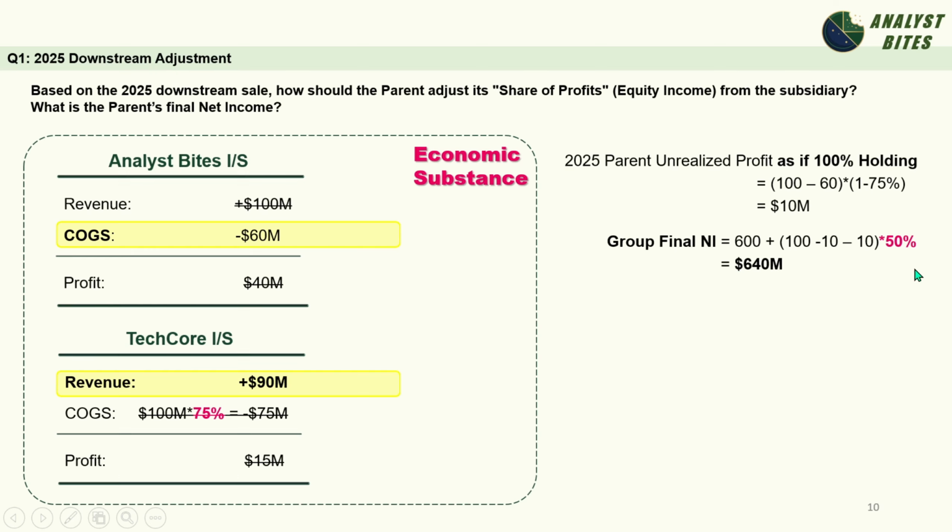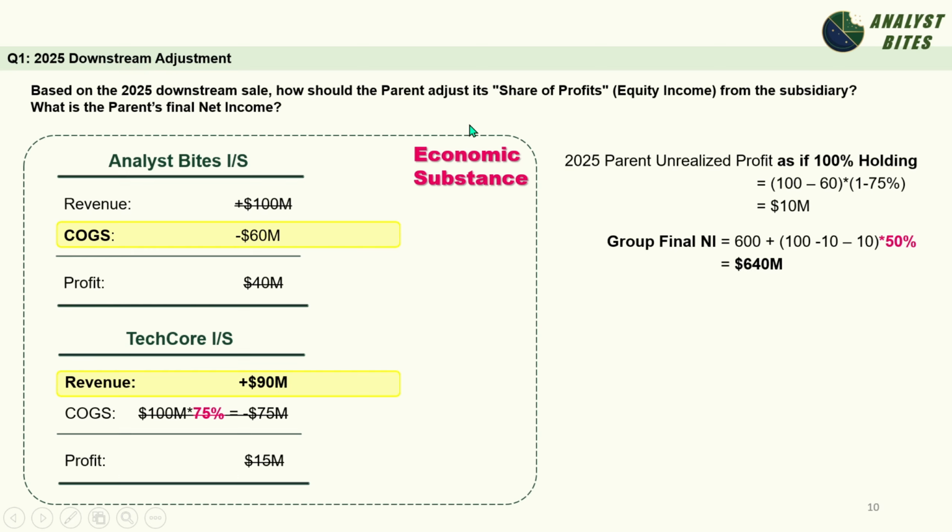For the subsidiary's portion, we take the sub's 100 million profit, subtract the 10 million in depreciation from our last video, and then subtract the 10 million unrealized profit we just found. Multiply that by our 50% stake, and the total consolidated net income comes to 640 million. But is this number right?